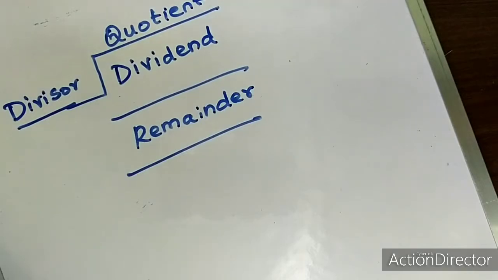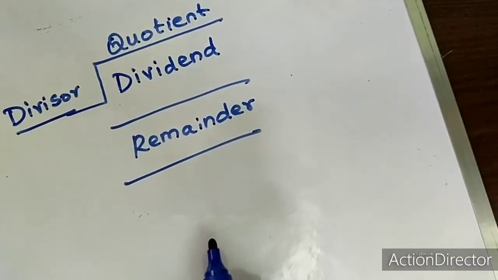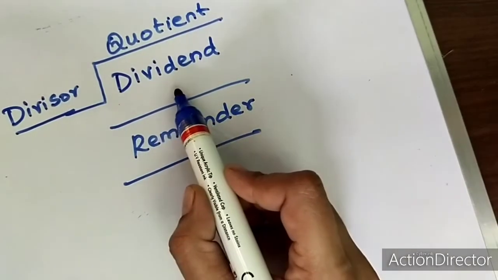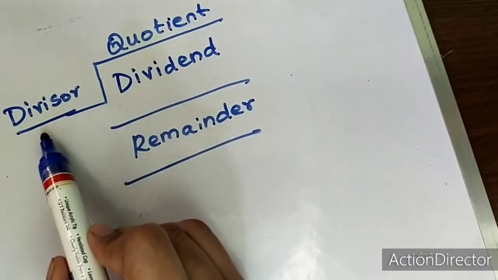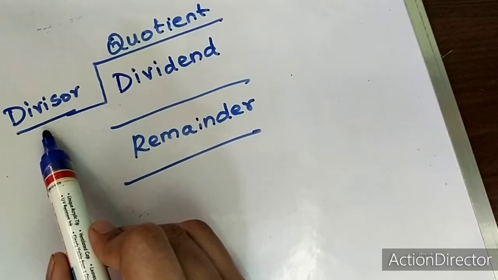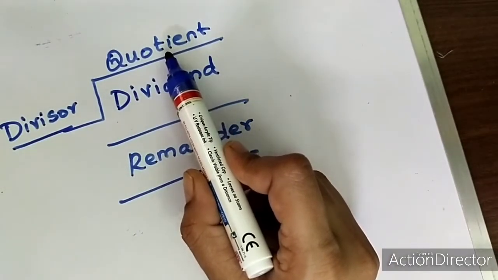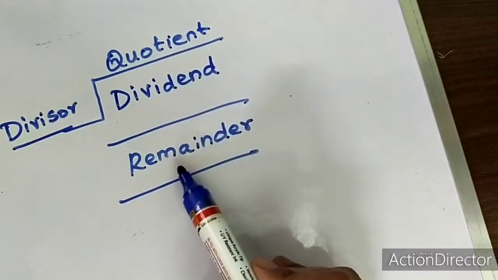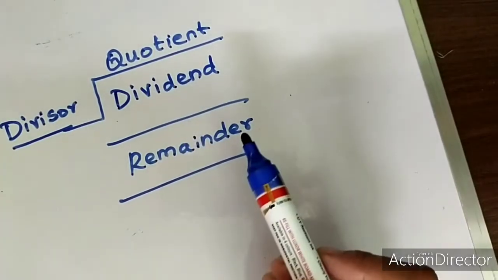Say along with me. Dividend means a number to be divided. And what is the divisor? The number by which we divide is called the divisor. And what is quotient? The answer we get is called the quotient. And what is the remainder? The number which is remaining is called the remainder.